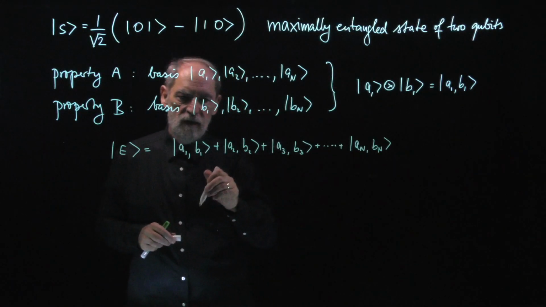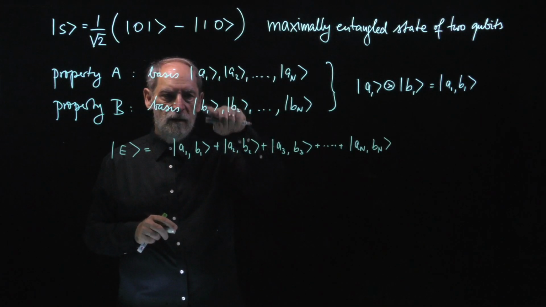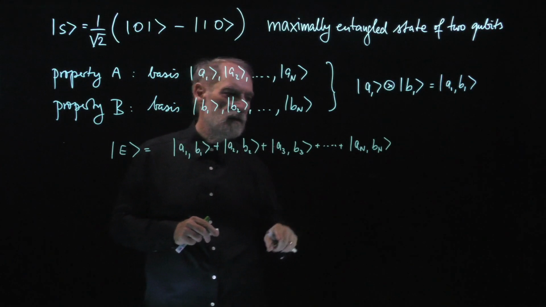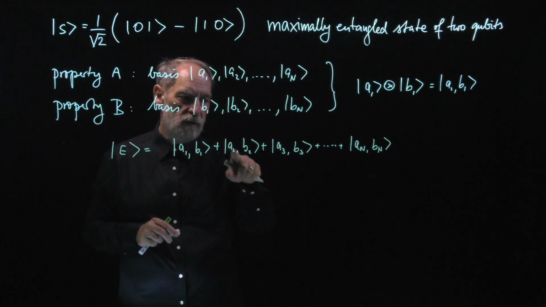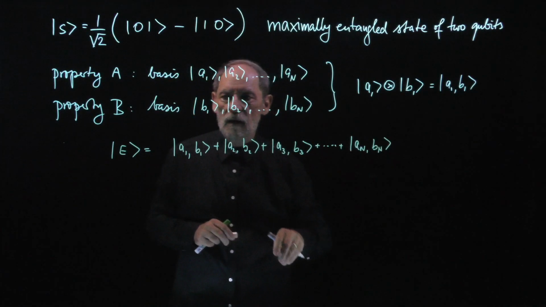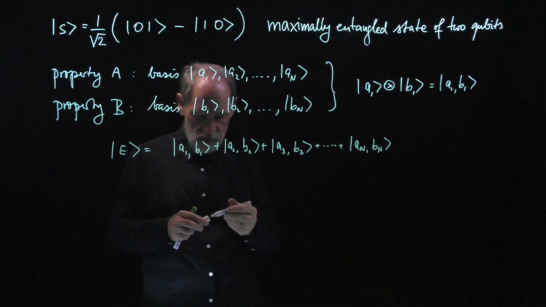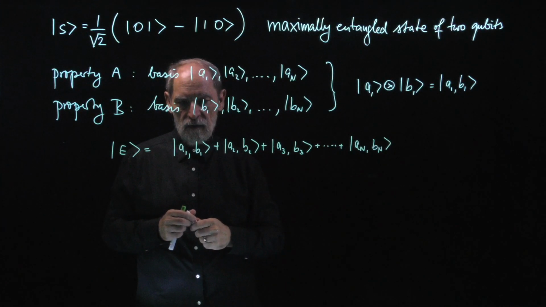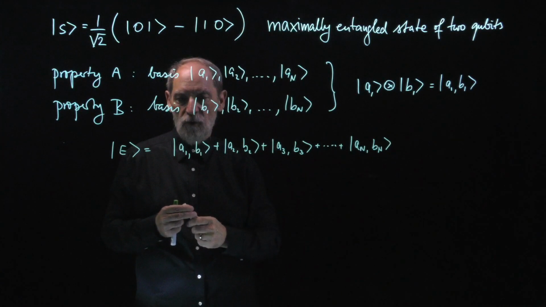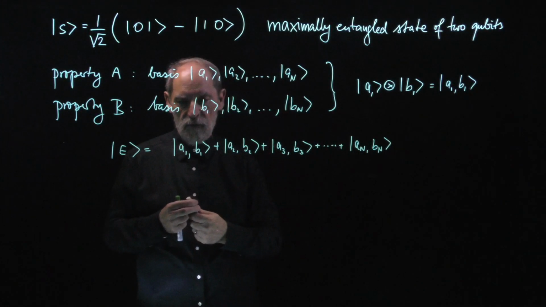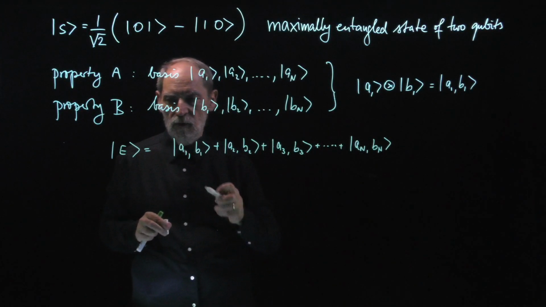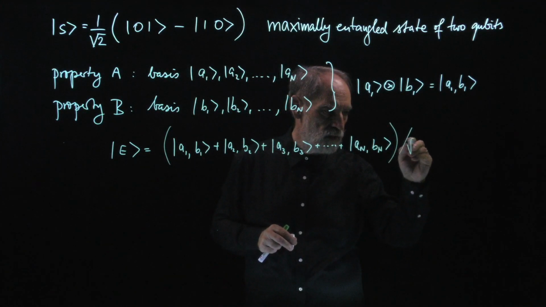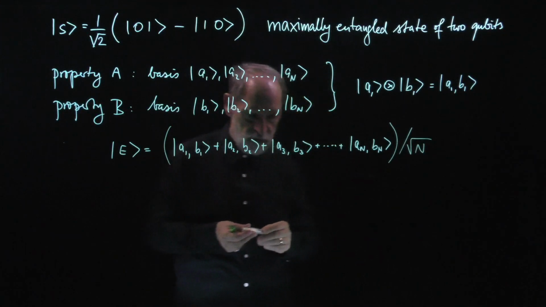So in each of these kets, one value of A is paired with one value of B, and we have just chosen them such that they carry the same numbering 1, 1, 2, 2, 3, 3, but that's just our choice in numbering these kets such that we have this matching in these kets that refer to A and B jointly. Now there is n of them, each of them we consider to be normalized, so if we want to normalize the sum of these kets, the superposition that we have created, then we should divide by the square root of n.